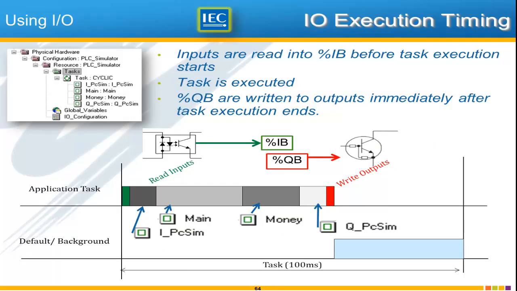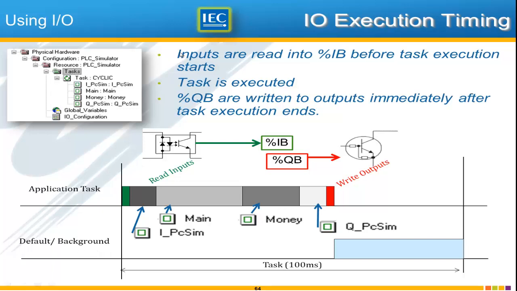So let's finish this section with a summary of all of the execution timing by means of this timeline. In reality, we have two tasks going on. One of them we're calling the application task, labeled task here. And then there's the default, the background task, which takes care of other items that the PLC has to take care of.